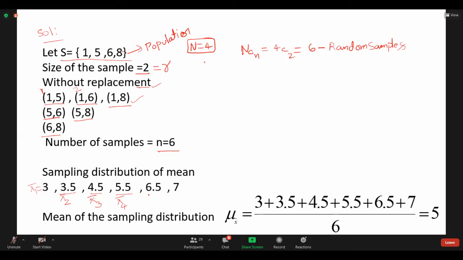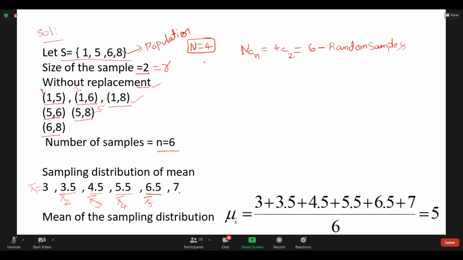And after that, similarly, you can find out the fifth random sample mean. This is the fifth random sample that contains elements 5 and 8. The mean is 5 plus 8 by 2, 13 by 2, 6.5, the fifth random sample mean.